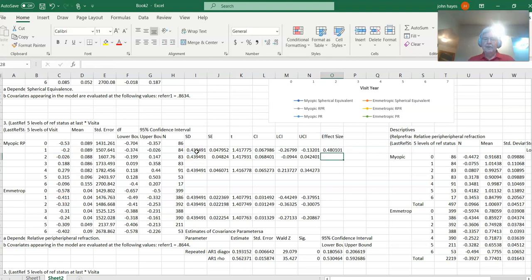And we get 0.48. So that kind of confirms our significance, because that's practically a half standard deviation, and the sample size is way above 30 in each group. So that's going to be significant.